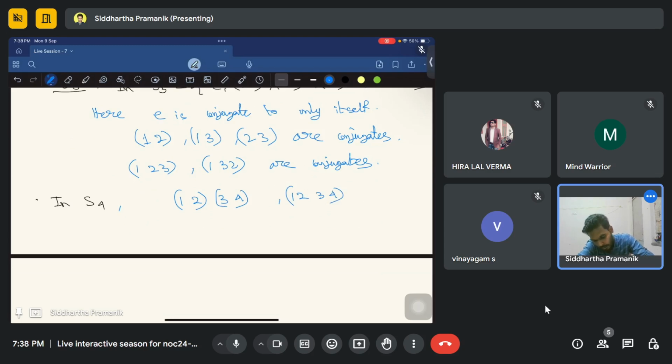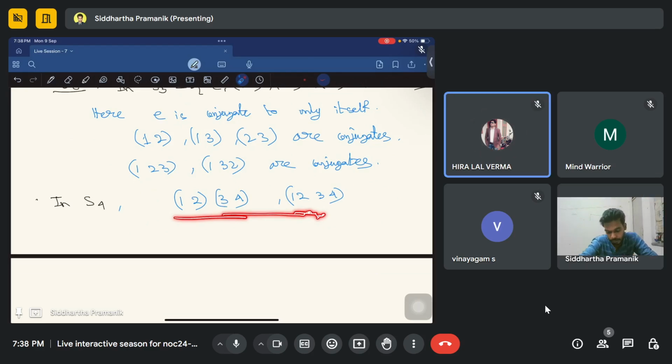Are these two elements conjugate or not?